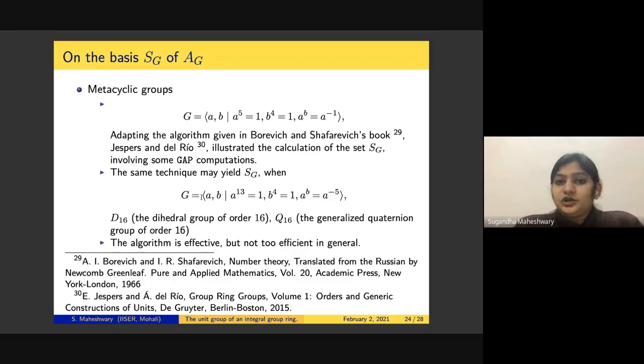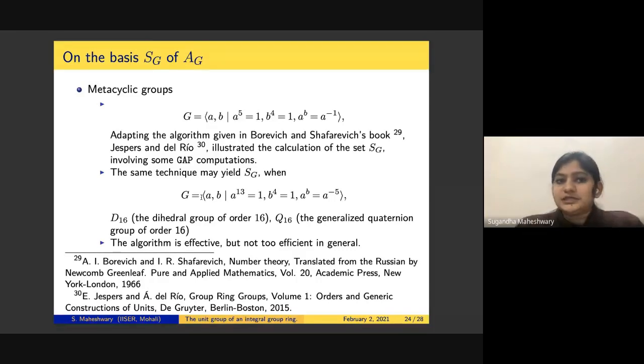This is not a very efficient method in general, and it cannot be generalized to all metacyclic groups. But yes, it gives us a way to write down the basis for this free abelian part of the unit group of ZG. The same can also be used to write down the answer for D16 and Q16. So these are very particular answers that we have when we are talking about the basis.